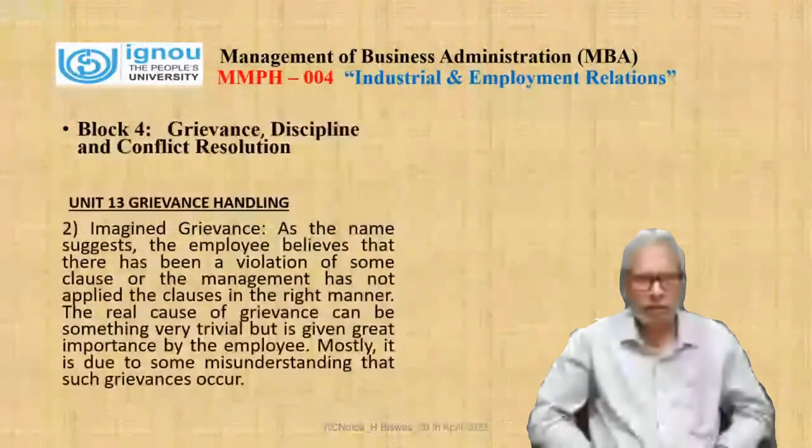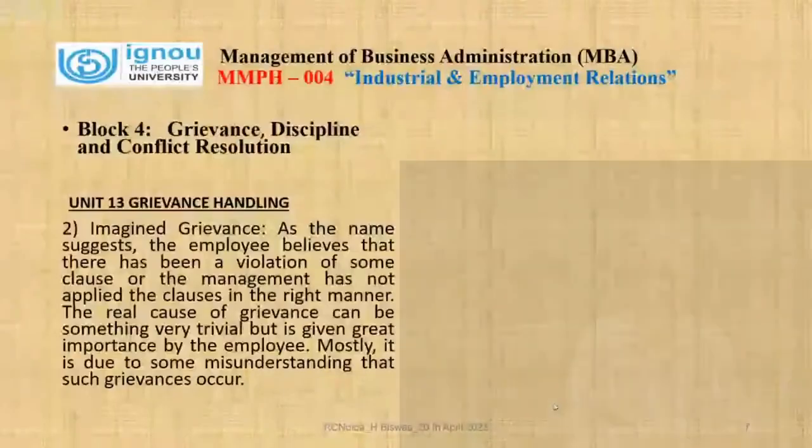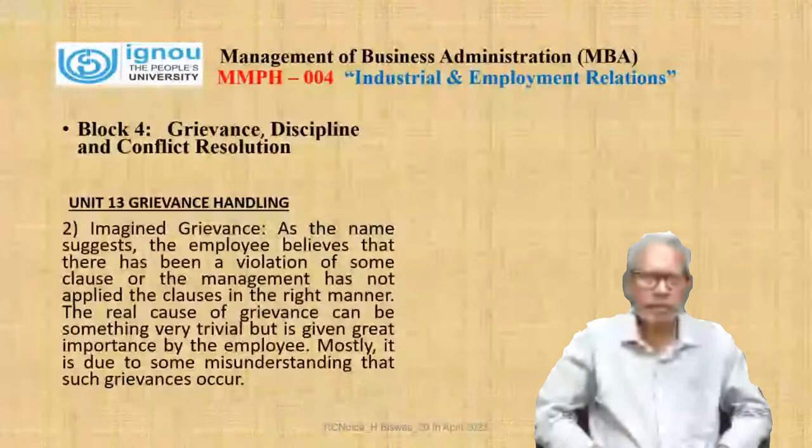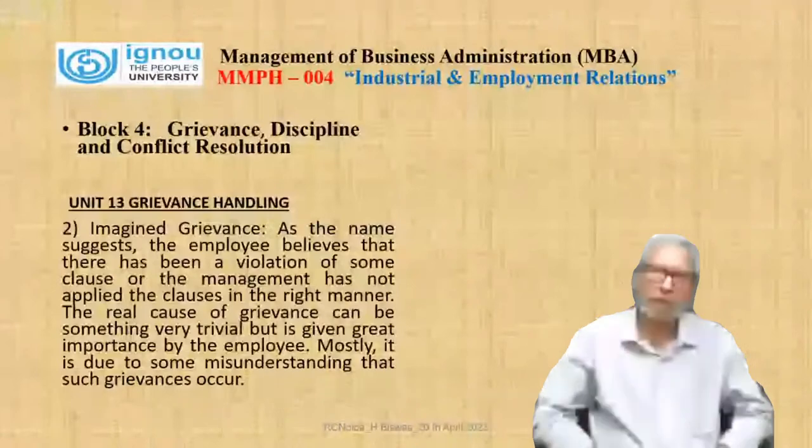As the name suggests, the employee believes that there has been a violation of some clause, or the management has not applied the clauses in the right manner. The real cause of the grievance can be something very trivial, but given great importance by the employee. Mostly, it is due to some misunderstanding.